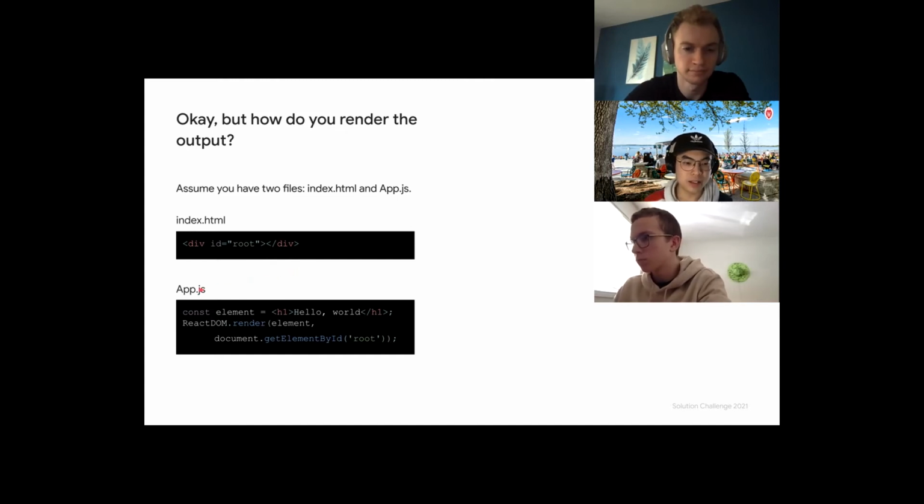So in your app.js file, you would have a React element, and you can call ReactDOM.render and pass in the element and the root div object of the HTML.